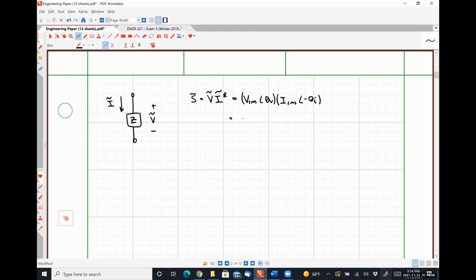Which would give us V RMS I RMS with an angle of theta V minus theta I. Theta V minus theta I is the angle of Z. So if I don't do the conjugate, I'm not interpreting my impedance correctly. If I don't do the conjugate, I'll wind up with theta V plus theta I, which is not the angle of my impedance. That's where it comes from. That's it.